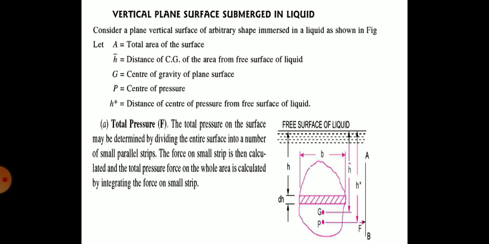Now consider this figure. As shown in the figure, consider a plane vertical surface of arbitrary shape which is immersed in a liquid, say any liquid like water. Let A be the total area of the surface.